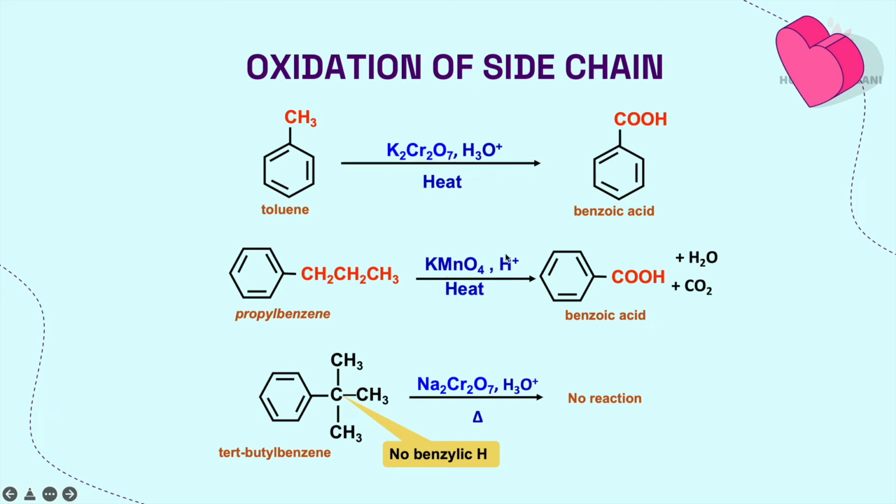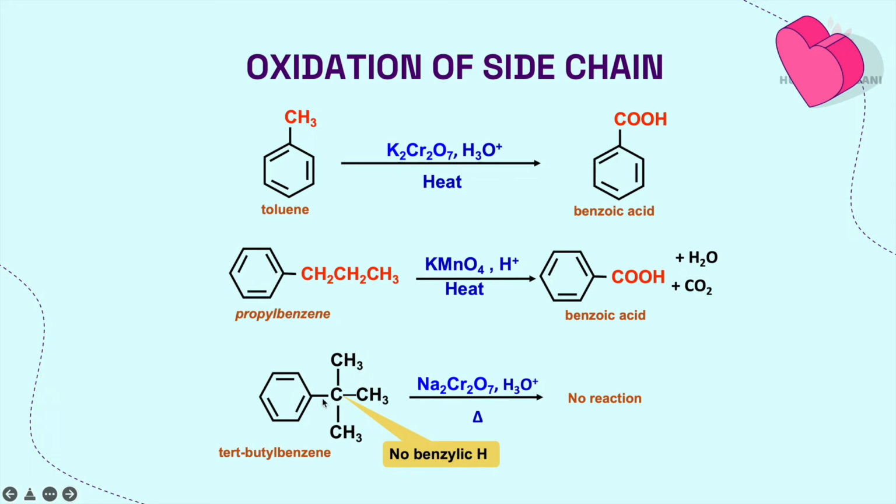Oxidizing agent, acidic, heat. And here, if you look at the side chain carbon, this carbon has no hydrogen at all, but the other carbon has hydrogen, but the other carbon does not attach to the benzene ring, so it will not undergo oxidation.